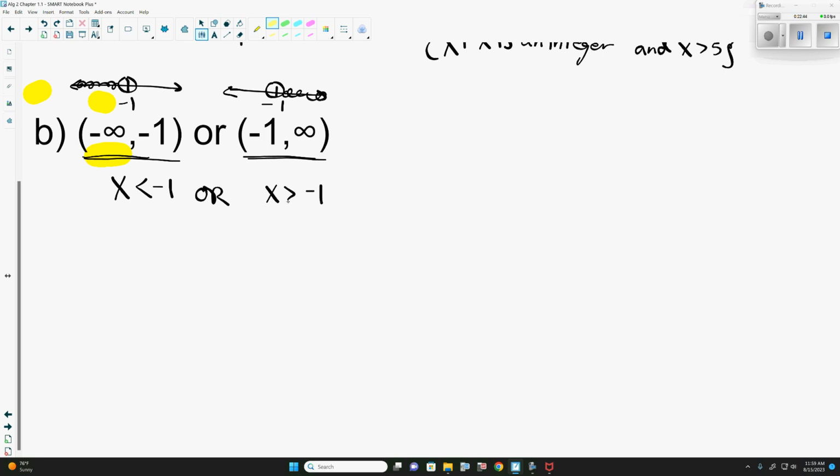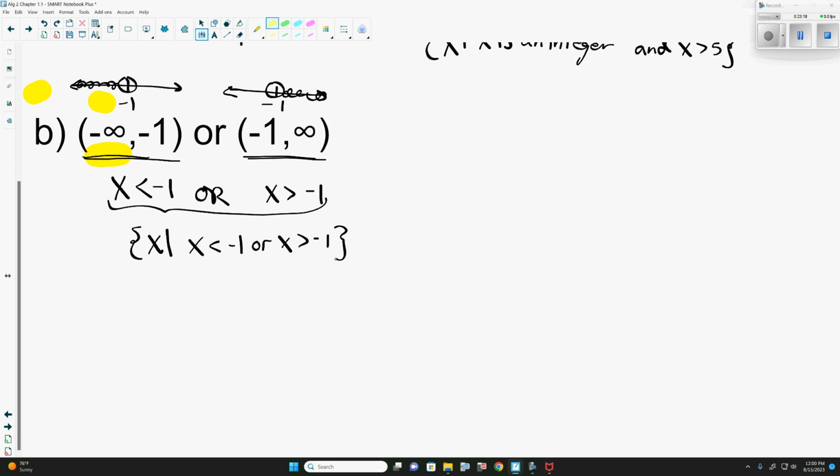Now, since we are dealing with all real numbers, for our set builder notation we're going to start with our brace x bar. Unless it specifically states something other than the real numbers, we're going to default to that. And if it is the real numbers, we just have brace x bar, all real numbers such that, what's our description? This right here. So we just fill it in.